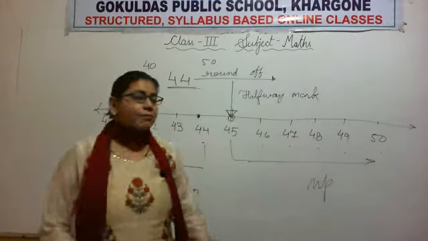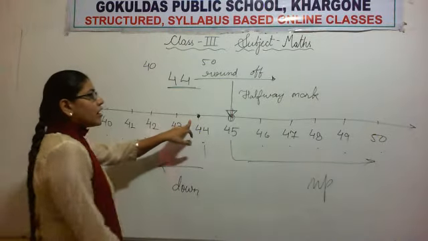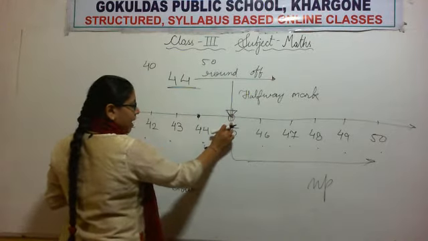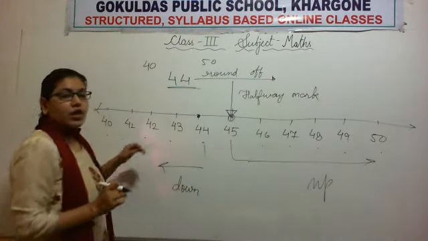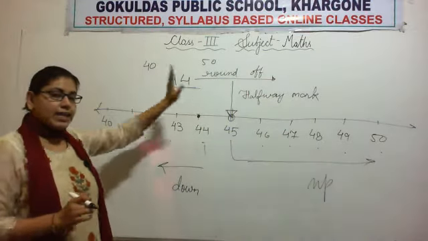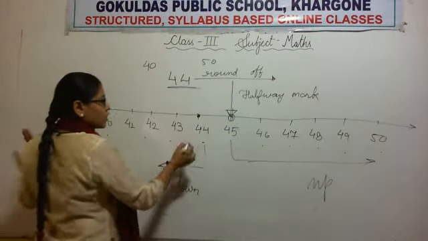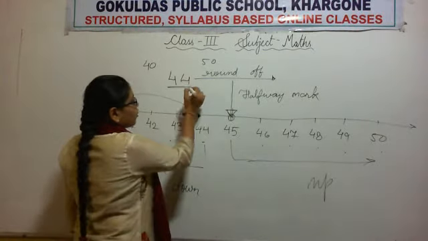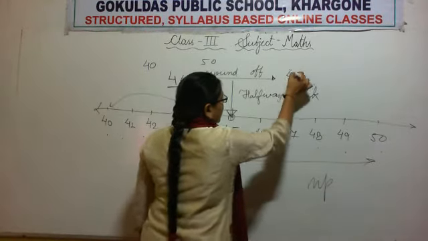So see, the number 44 is left of the halfway mark, so we will round it down to 40.